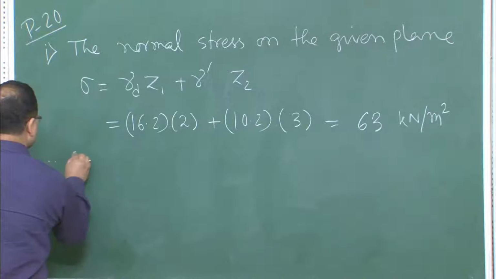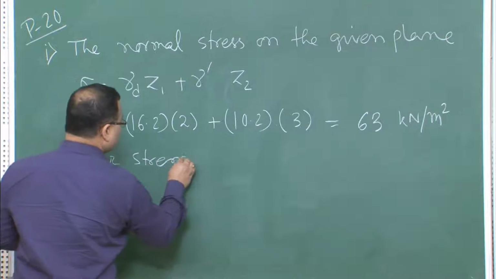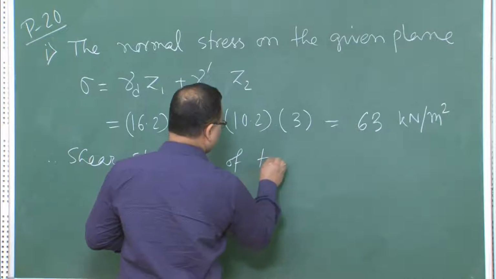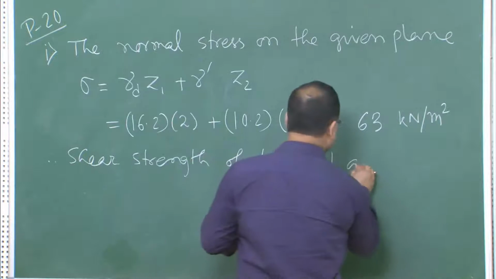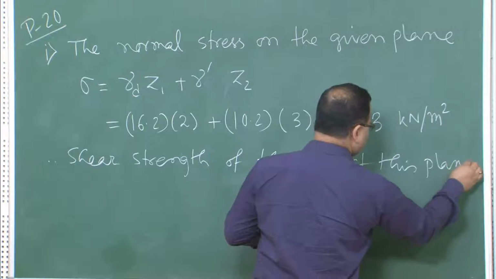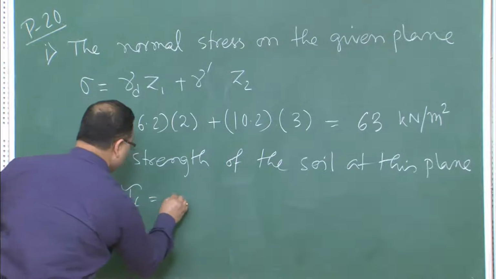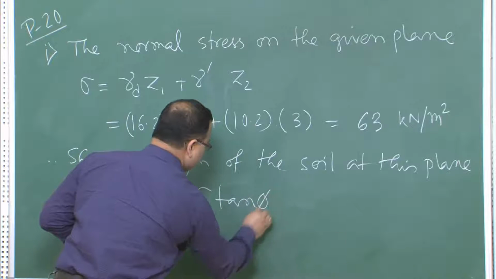Therefore, the shear strength of the soil at this plane: tau f is equal to C plus sigma tan phi.